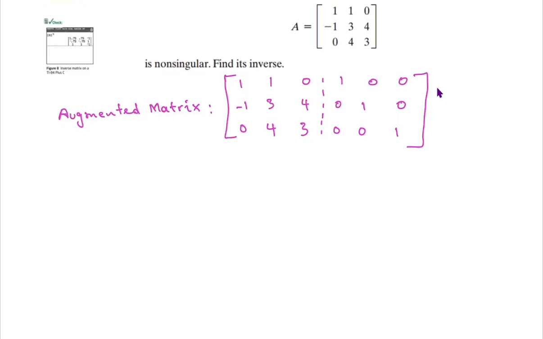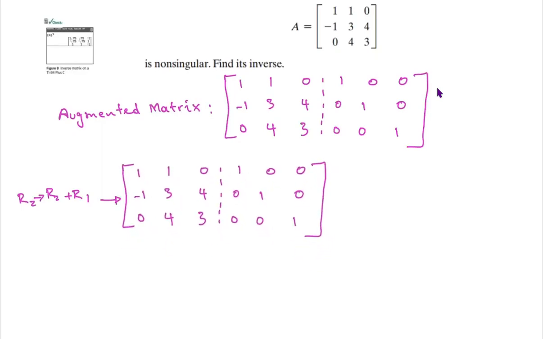What would you do? Let's perform a row operation. We're performing row 2 receives row 2 plus row 1, and that will give me what I want. So we are changing row 2 only.